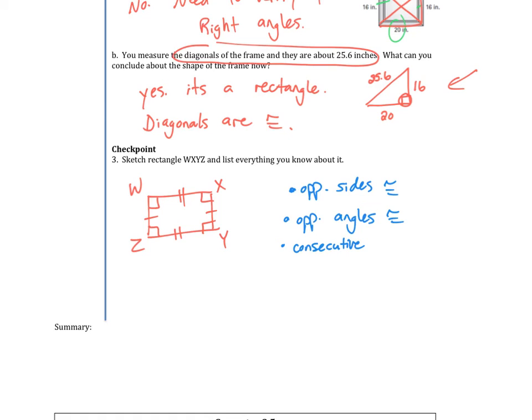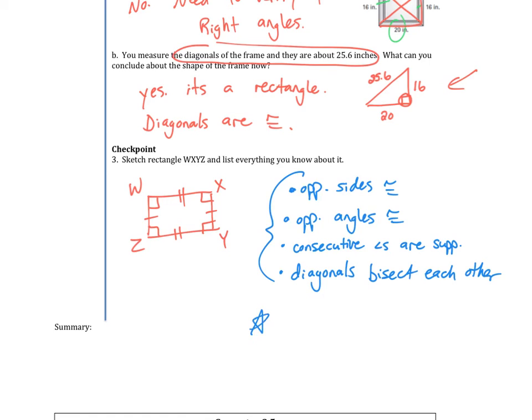The consecutive angles are supplementary. And the diagonals bisect each other. So all of these are true because it's a parallelogram.